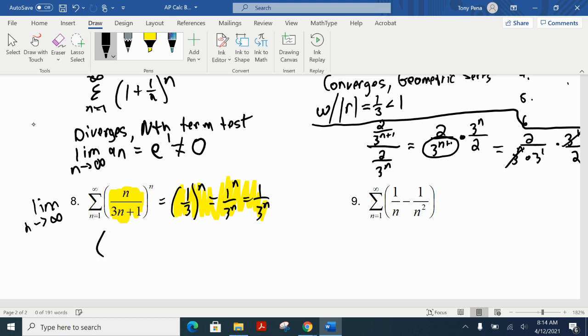So when we talked about the comparison test in class yesterday, what we would have said is that we really just want to tweak a little bit the original function, usually the numerator or the denominator. So the easiest thing to do is really to drop a constant. So if we see this little plus a 1 here, I'm going to rewrite this so that this is n over 3n, all to the nth power.